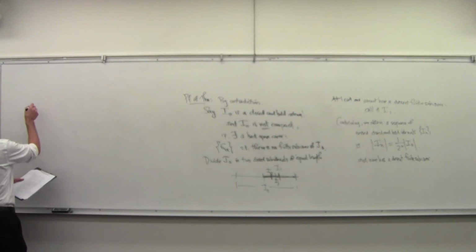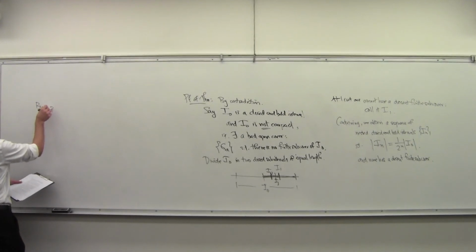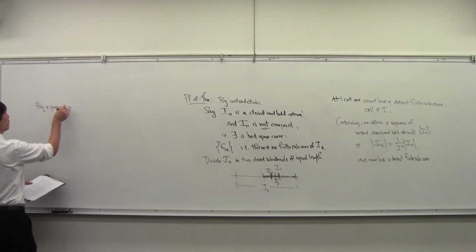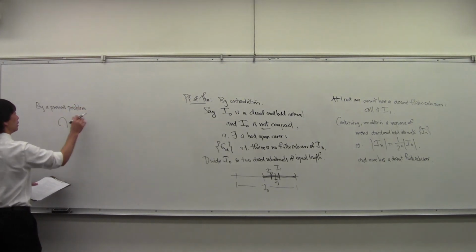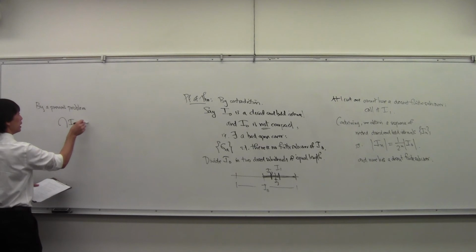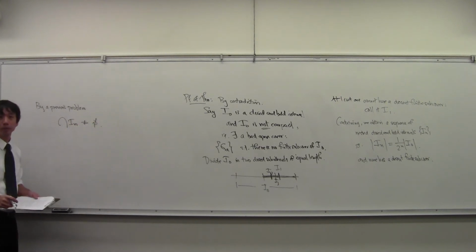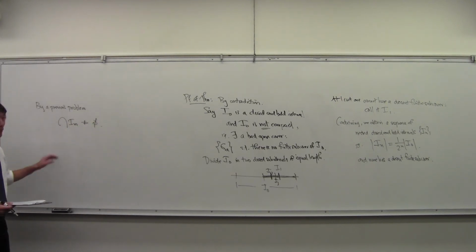Okay, so now my previous problem, we know that the intersection of the I_n is non-empty. Right? This was your homework problem ages ago.